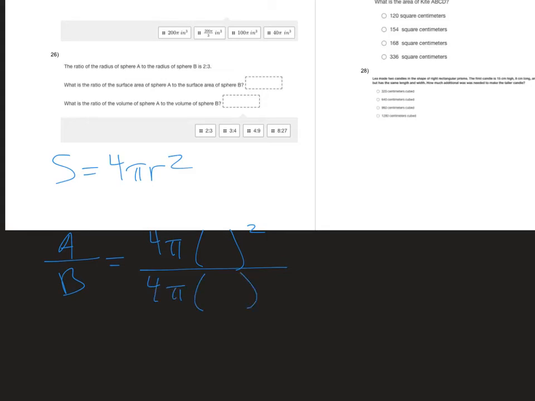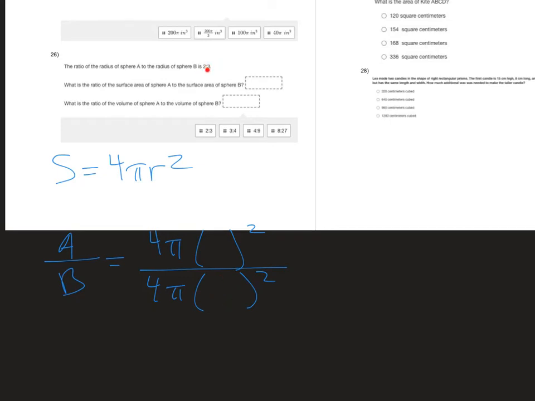Now, sometimes, so we're just saying, okay, let's just take the surface area of A and the surface area of B and find that ratio and simplify it. Now, a couple things to notice here. One, they didn't actually tell me what the radius of sphere A is and what the radius of sphere B is. They gave me the ratio of them.